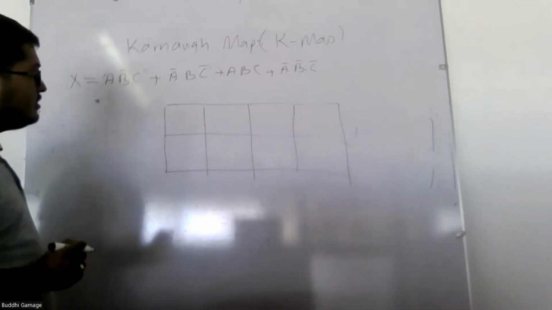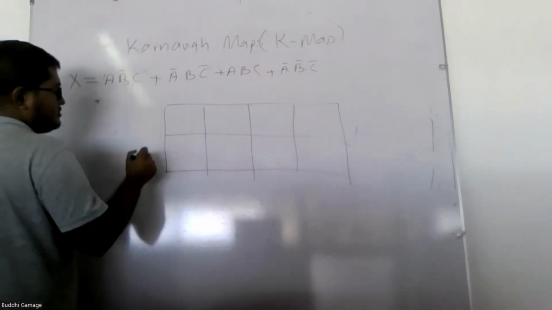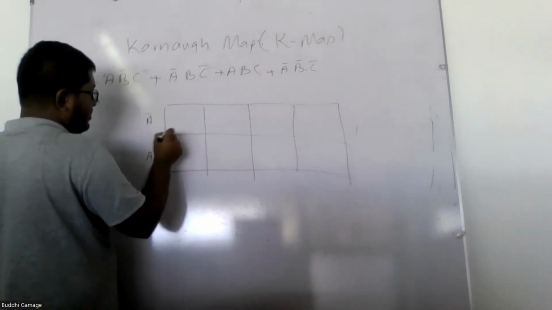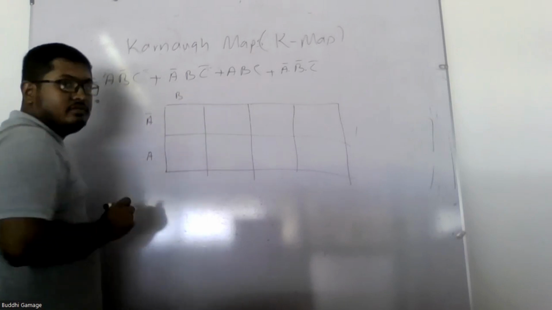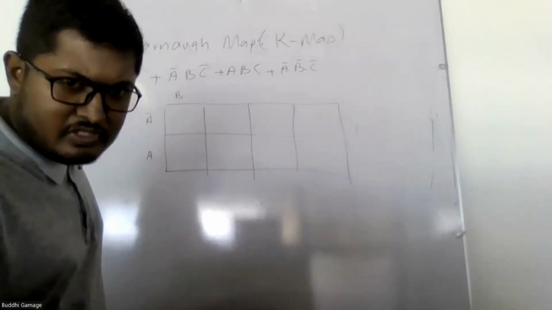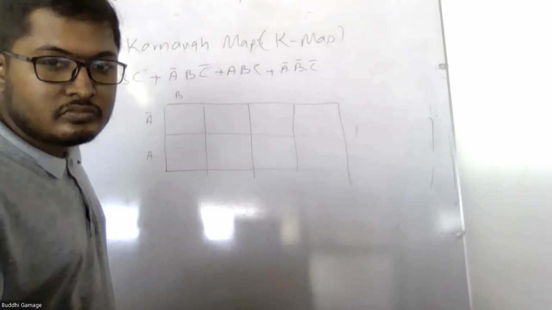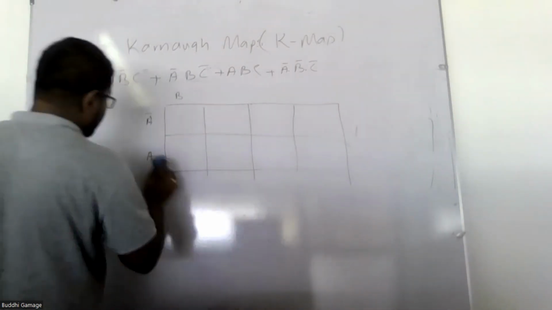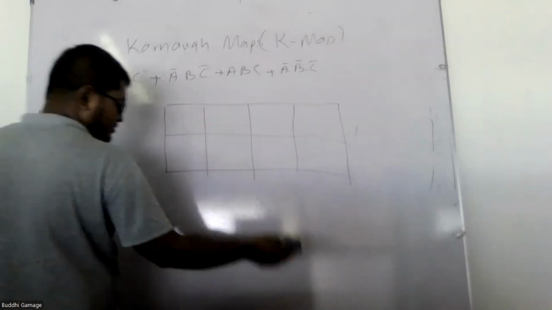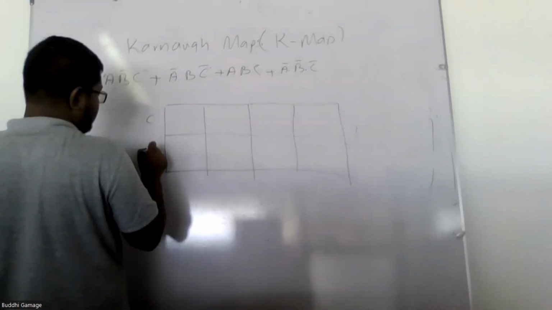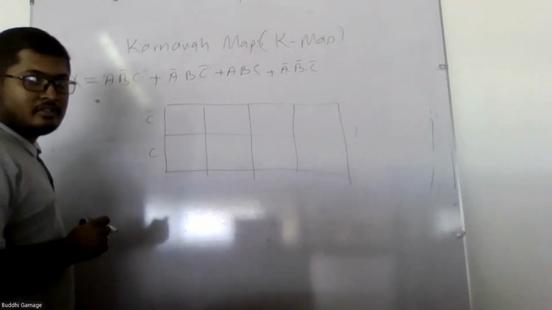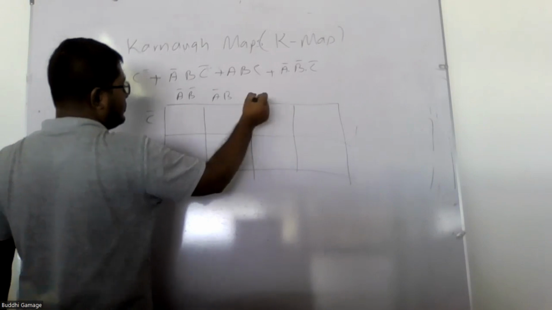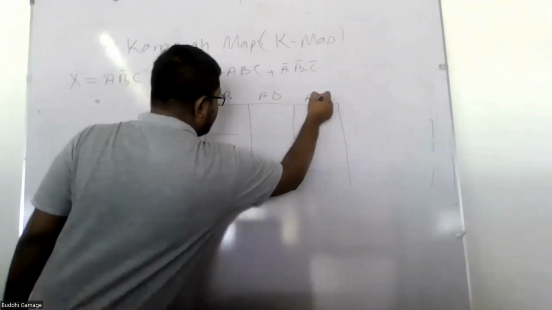There should be 8 cells, right? So here this is A, B bar, A, B, you can see, right? Or you can do this as C, B bar C, A bar B bar, A bar B, A B, B bar.